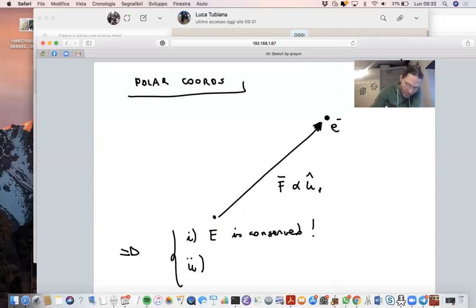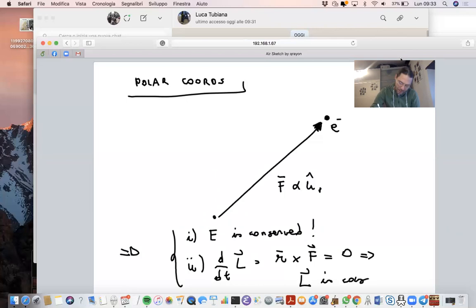And the second piece of information is that, remember, the change in angular momentum of the particle in an infinitesimal time interval is given by the torque of the force, but the torque of the force is zero for a central force, for a radial force, again implying that also L is conserved.